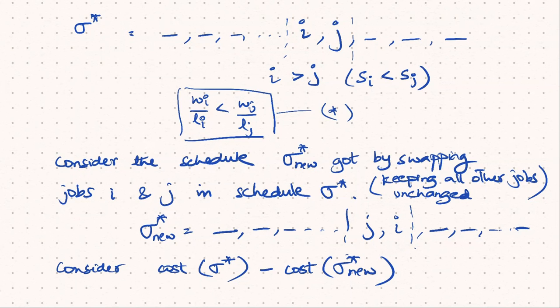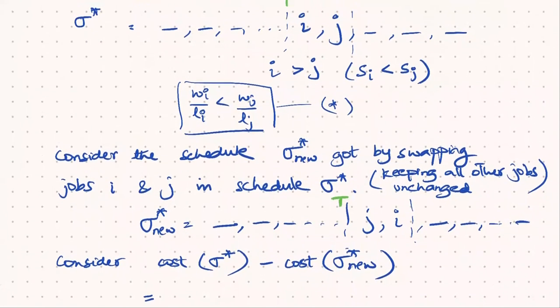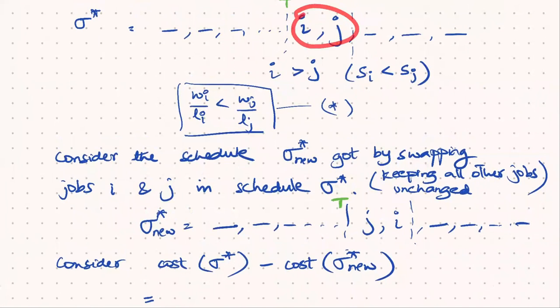Let's say this time here is some time t, the time before which job i starts. So this time here will also be t, the time at which job j starts. Okay, so now this difference is going to be, what is the contribution of these two terms? It's the weight w_i times the completion time of i, which is simply t plus the length of job i.